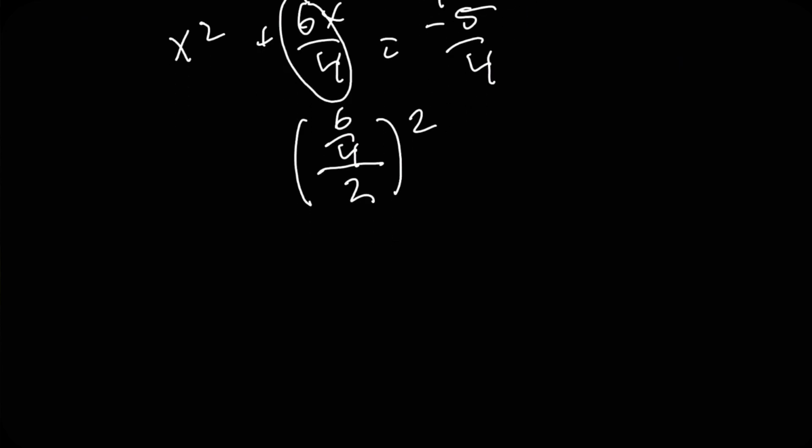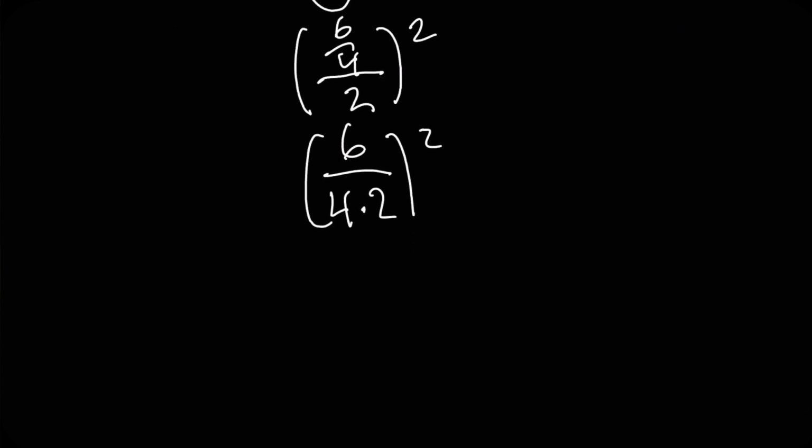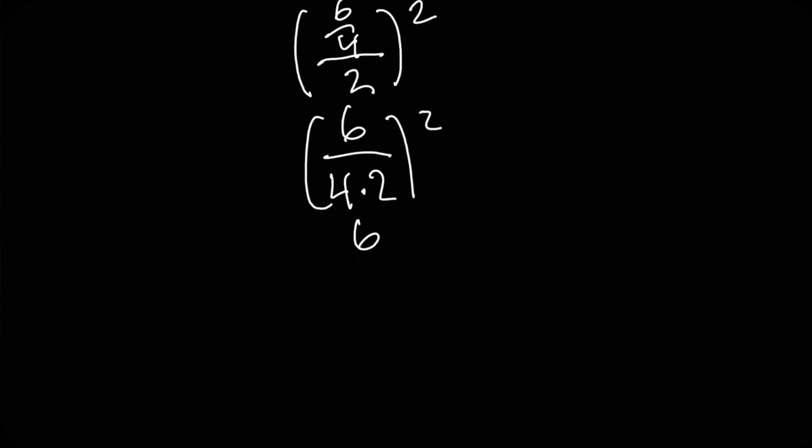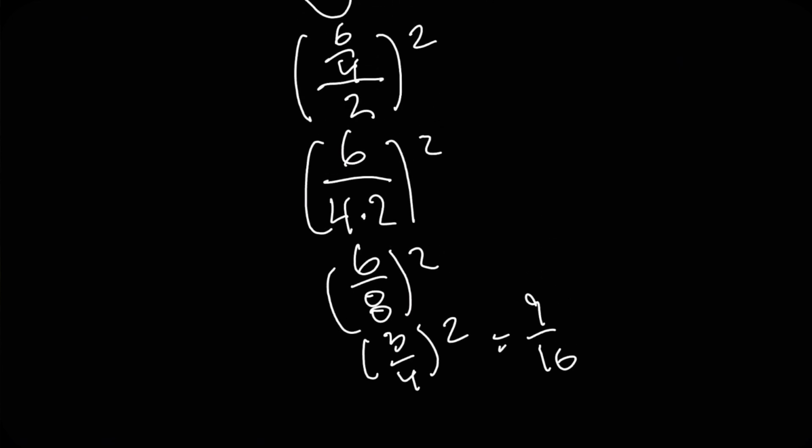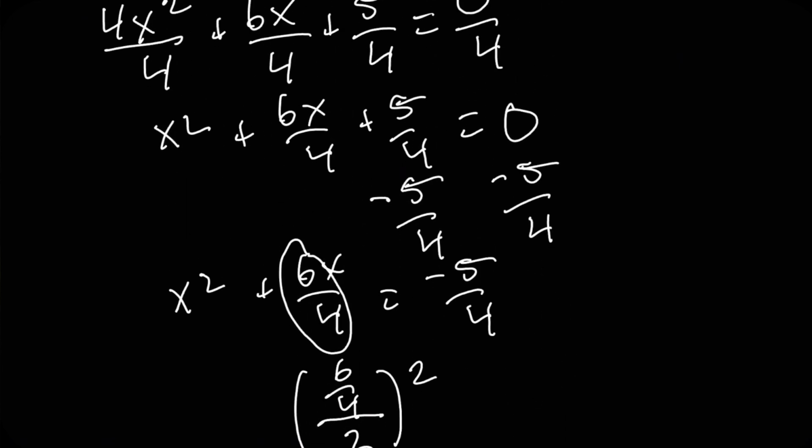We'll have 6, and then what this 4 will do is go to the bottom. So we'll have 4 times 2, and then we'll square that. This will give us 6 divided by 8 squared, which will be 3 fourths squared, or 9/16. Okay, so 9/16, we want to add that to both sides of our equation up here.